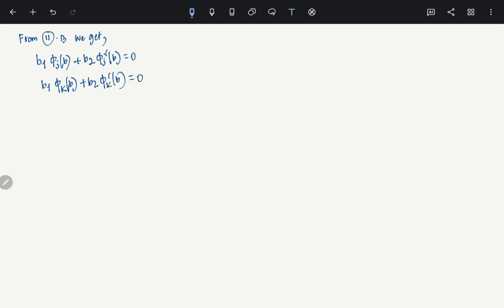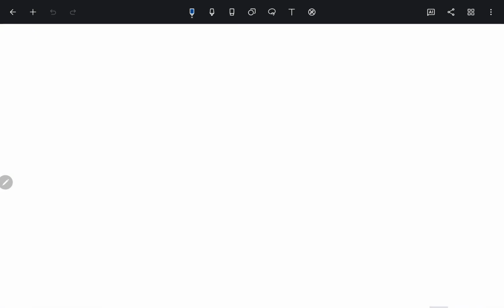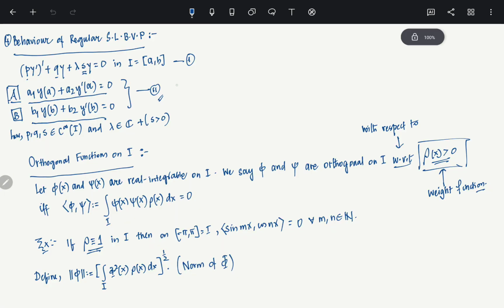Is it okay? Now, you remember when we talked about this equation, we said that in case of a, this expression has to be a1 square plus a2 square not equal to 0, otherwise we will not have the information at the point a, and also b1 square plus b2 square not equal to 0.